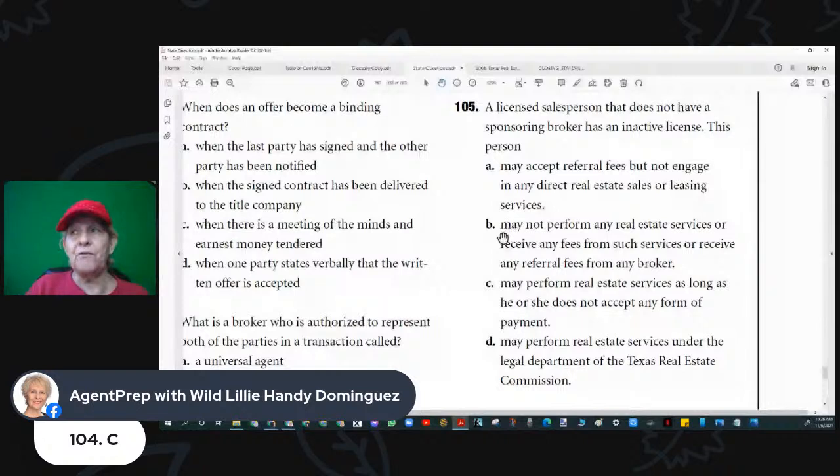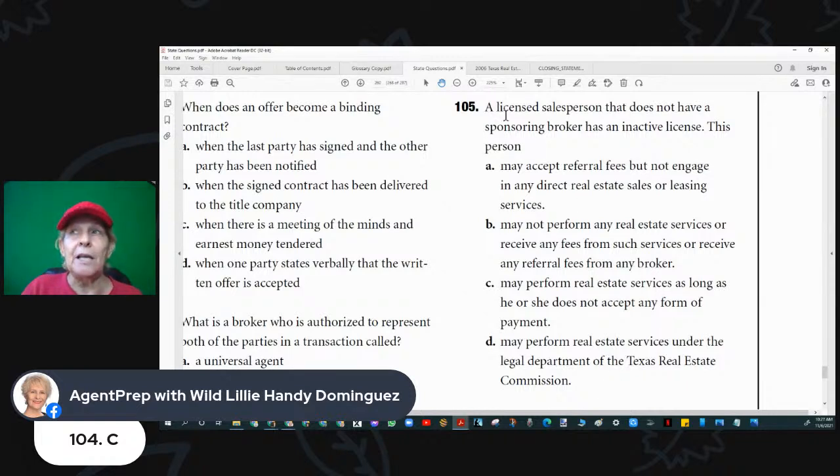B, may not perform any real estate services or receive any fees from such services or receive any referral fees from a broker. C, may perform real estate services as long as he or she does not accept any form of payment. Or D, may perform real estate services under the legal department of Texas Real Estate Commission, known as TREC.